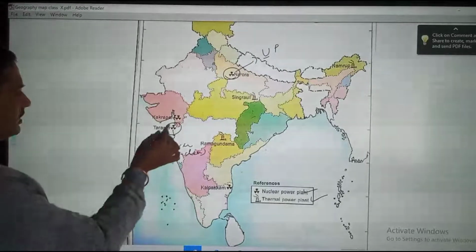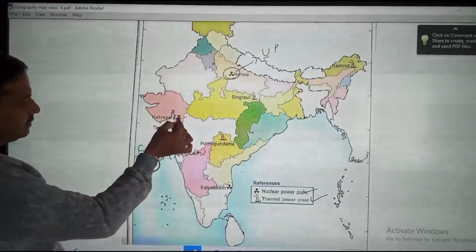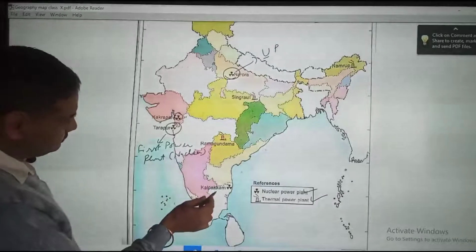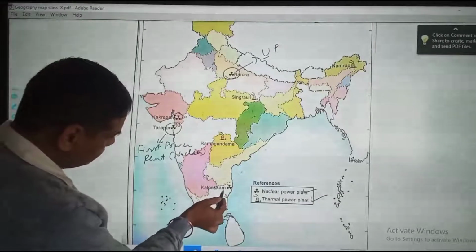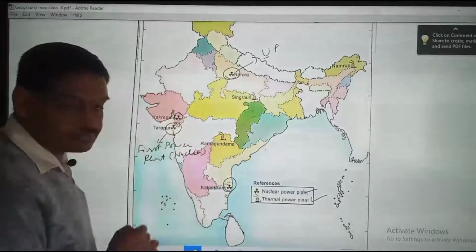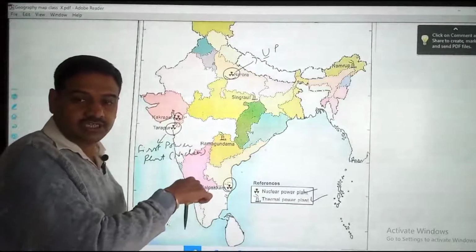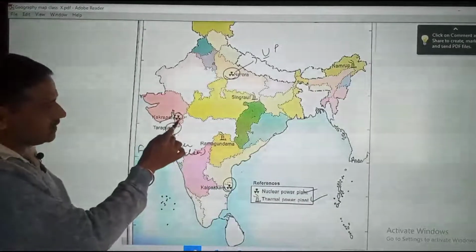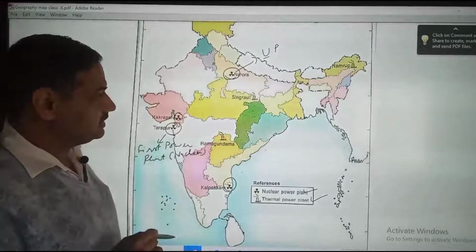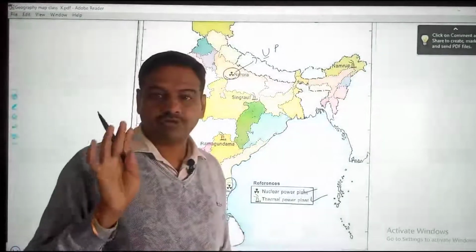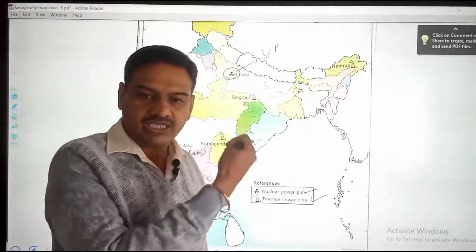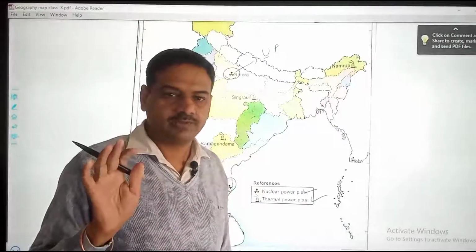Then Kakrapara, slightly above Tarapur, in Gujarat. Then comes Kalpakkam, in South India, in Tamil Nadu. So Kalpakkam, Tarapur, Kakrapar and Naroda, these are the 4 nuclear power plants prescribed for this year. The map can be asked from these 4 nuclear power plants.